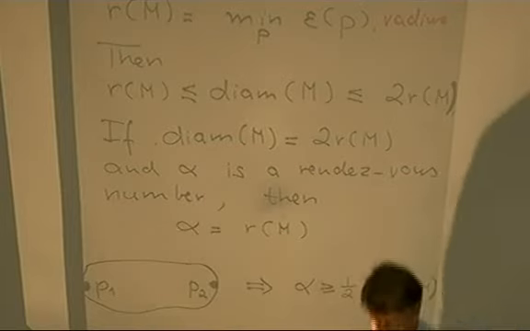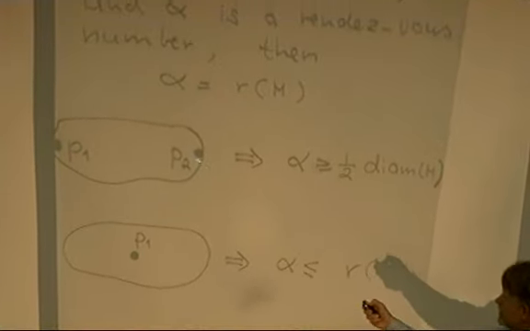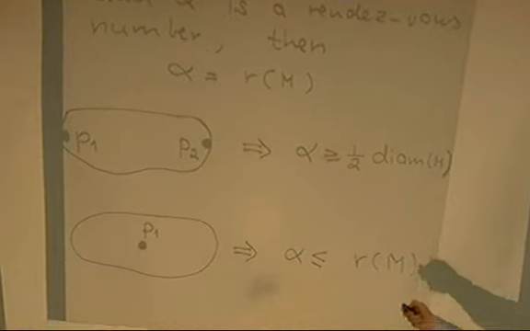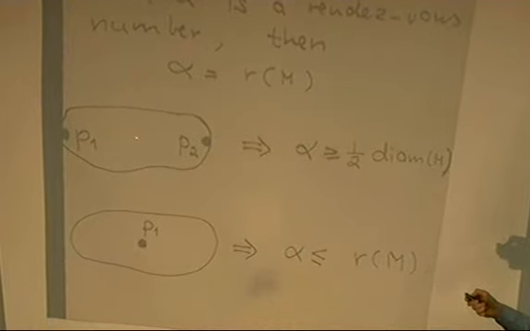And the argument is easy, because if you look at these 2 points and you try to find a meeting point Q, what is the average distance from a point here to these two? Well, it's at least half the diameter. So the average distance from this red point to P1 and P2 is at least half the diameter.